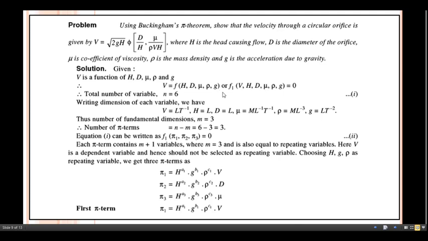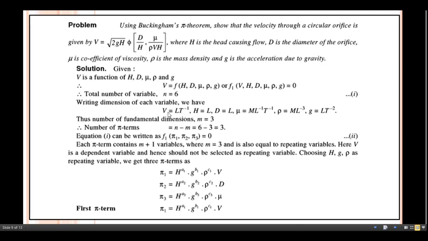Just take all the terms towards one side, and the function of v, h, d, mu, rho, g equals 0. Now see the total number of variables. Count the total number of variables: 1, 2, 3, 4, 5, 6. So write the dimensions of each variable: v, h, d, mu, rho, g.